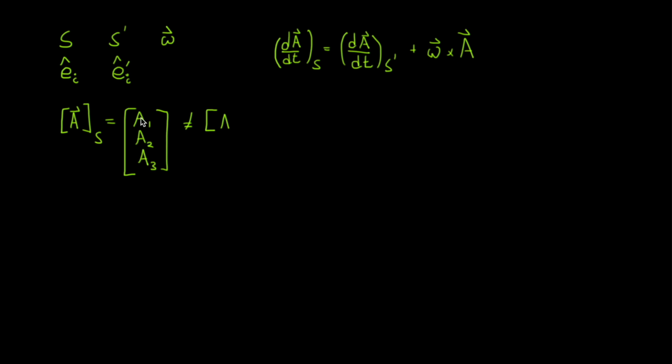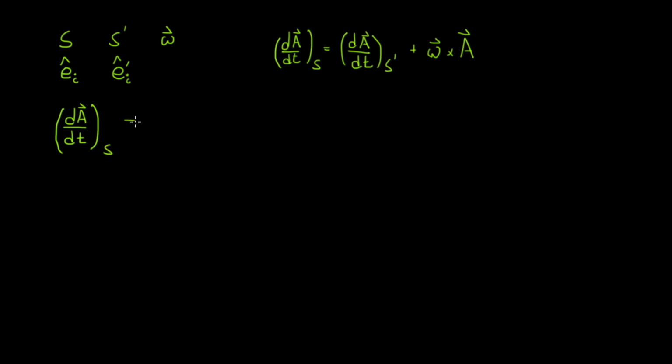The last bit of notation that I'm going to use is a round bracket around a derivative. So if I have something like this, what does this mean? So in my notation, this is not equal to that.